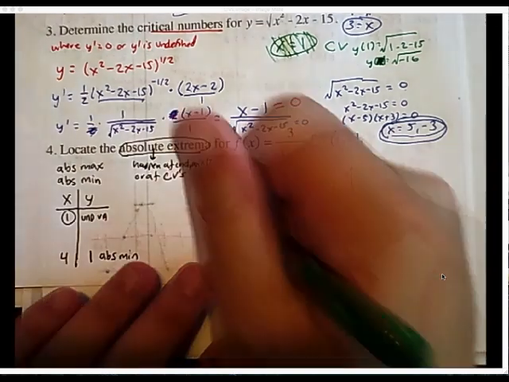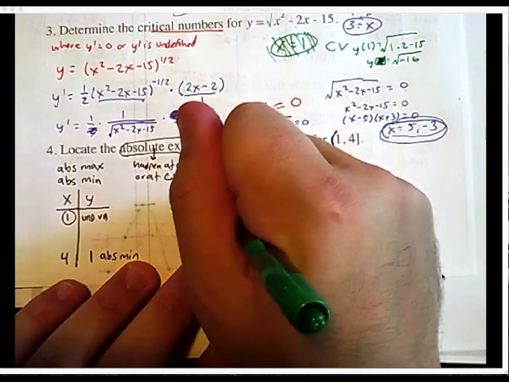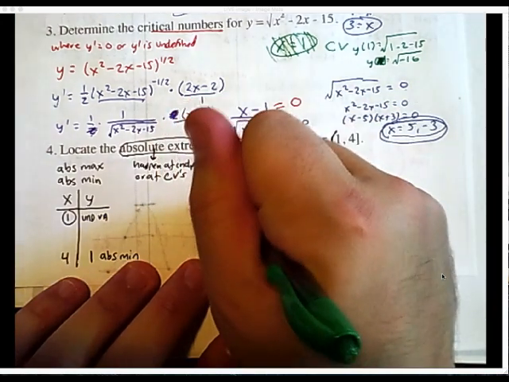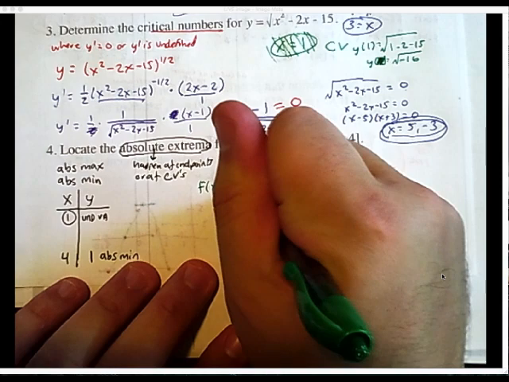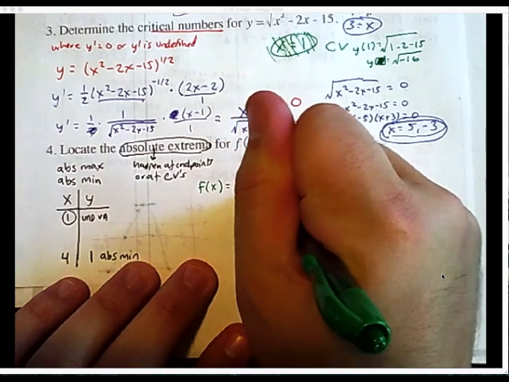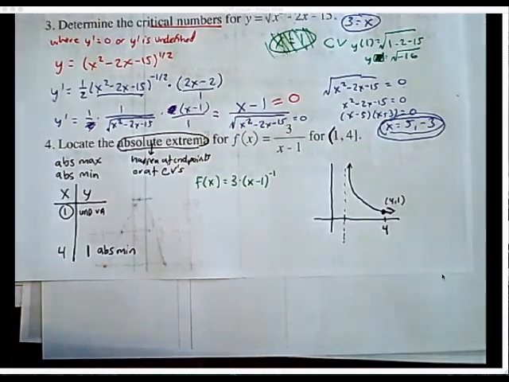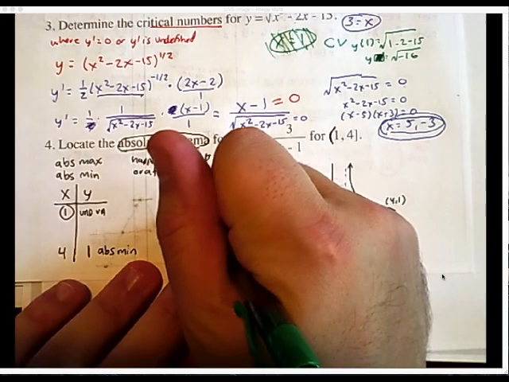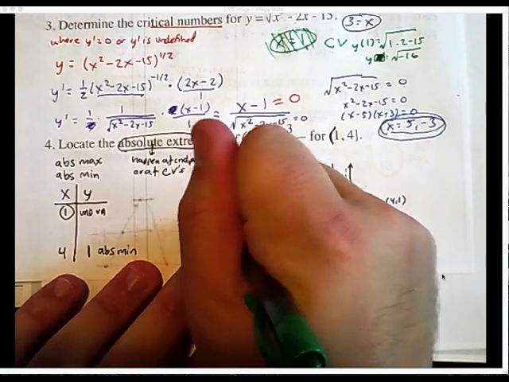Let me rewrite f of x as 3 times x minus 1 to the negative 1 power. To find critical values, you have to take the derivative.